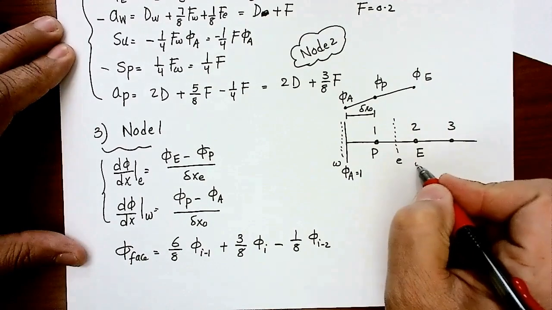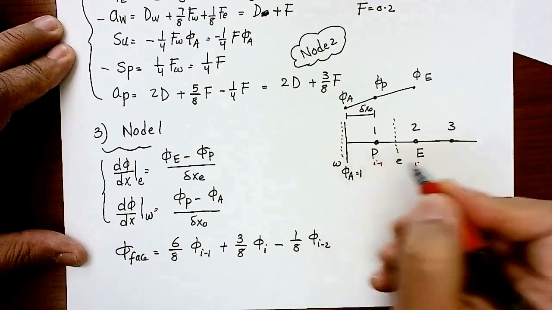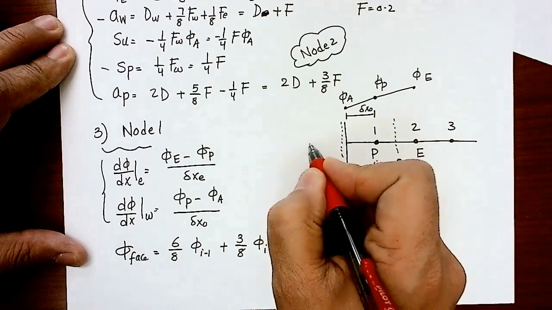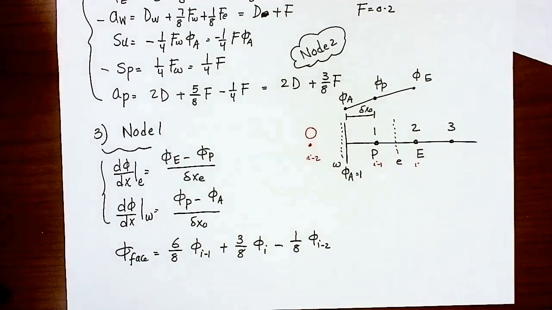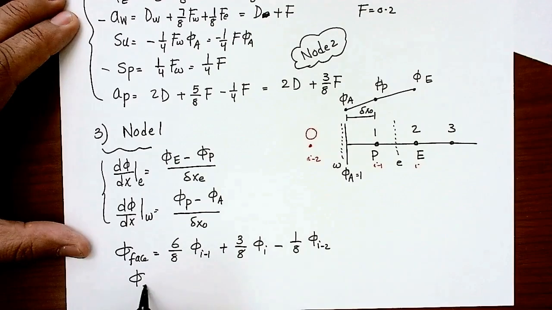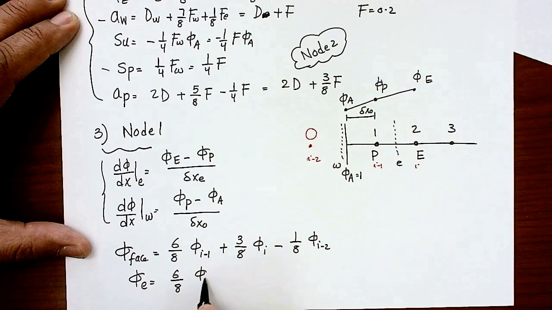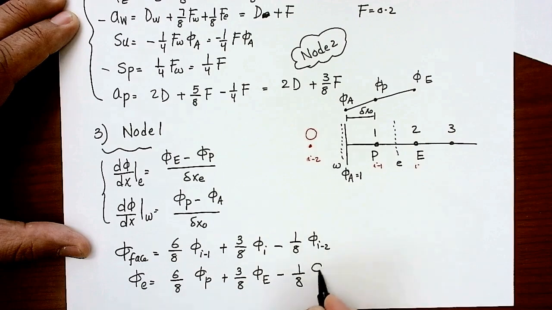So this is going to be node I. This will be I minus 1. And the I minus 2 will be the imaginary node that we call it O. That's when I do the east face value. So phi of the east face will equal 6 over 8 phi P plus 3 over 8 phi east minus 1 over 8 phi O.